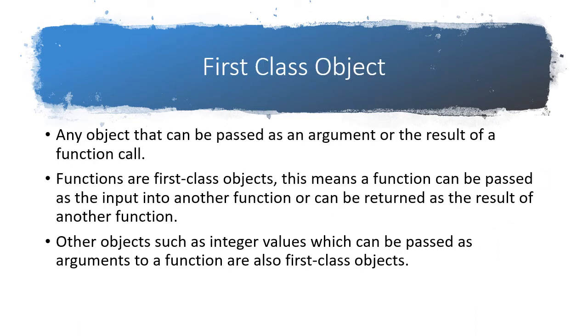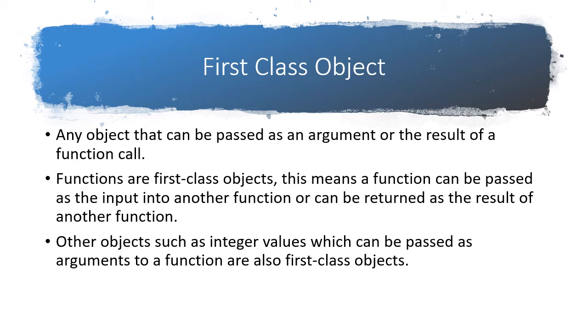One of the terms that you'll come across is a first-class object. A first-class object is any object that can be passed as an argument or the result of a function call. So functions themselves are first-class objects. This also means that a function can be passed as an input into another function, or a function can be returned as the result of another function.